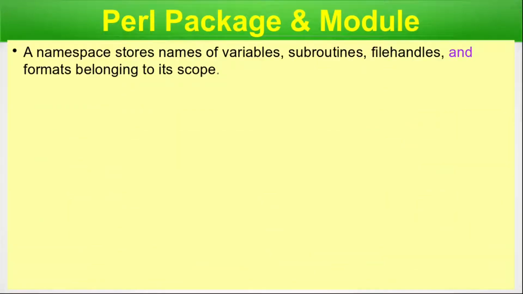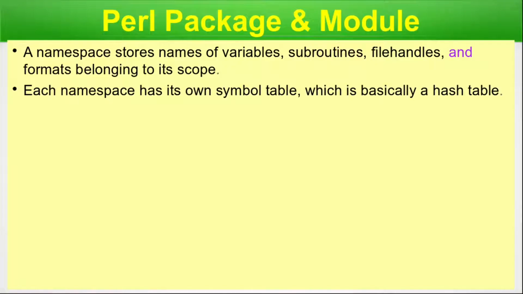Now, let us start talking about a few points. We are well aware of the namespace concept. If you have learned C++ or Java, you might have come across namespaces. Each namespace has its own objects and tables, data structures, like a hash table and all.